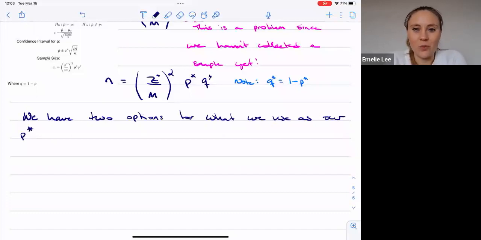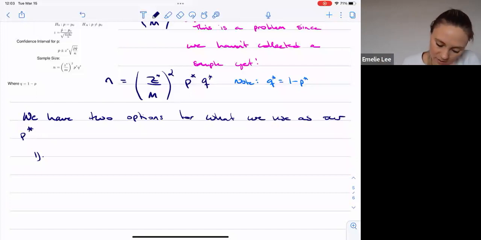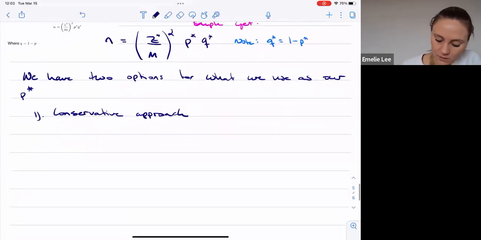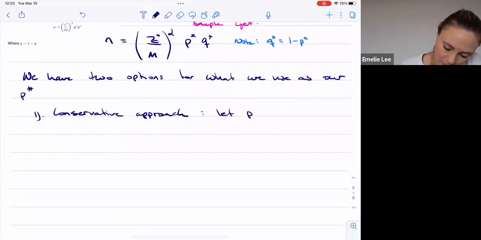Okay, option one is the more conservative approach. Let p star be 0.5.